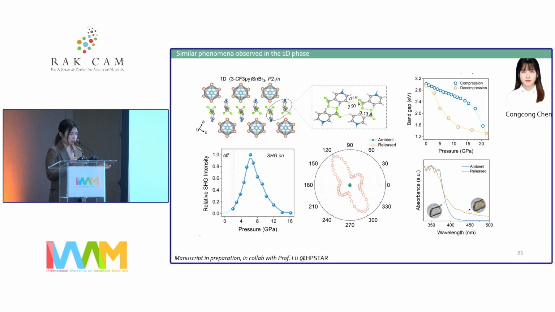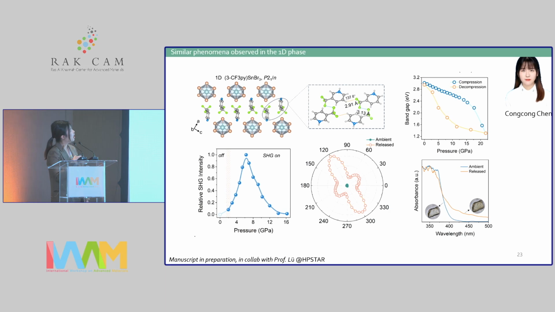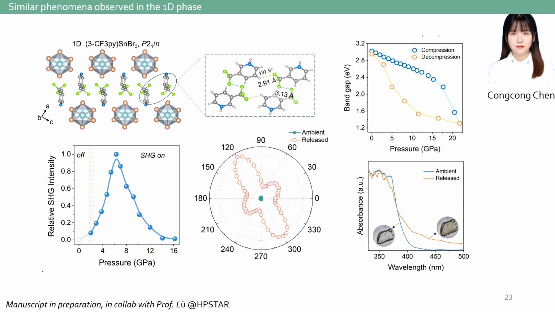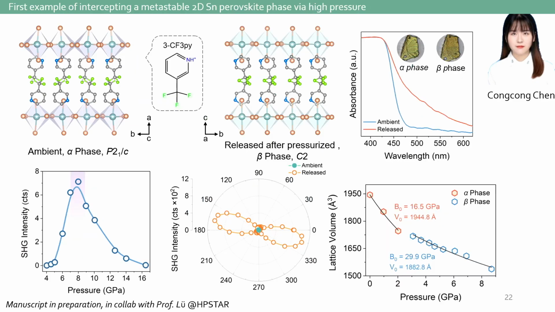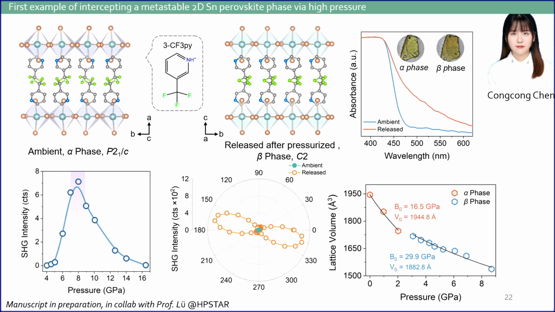So if we further change the composition, we can make a one-dimensional compound, and it has a similar effect. I didn't show the structure here, but you can see how this CF3 has flipped this ring, and this is the structure we collected back at ambient conditions, with intensifying F-F interaction in this material acting as a glue to hold this non-centrosymmetric structure.